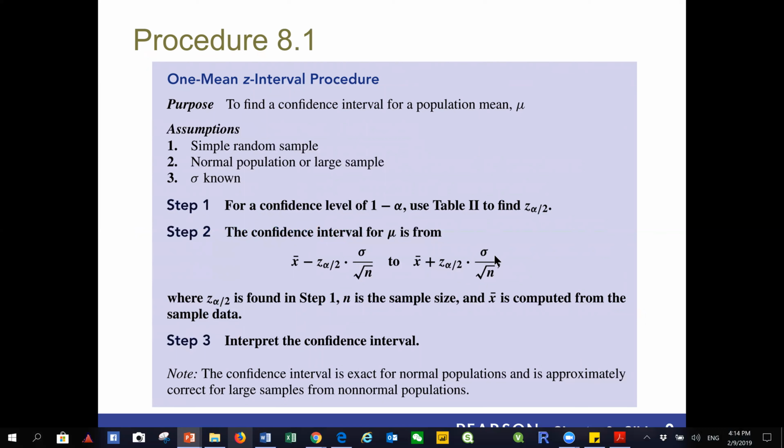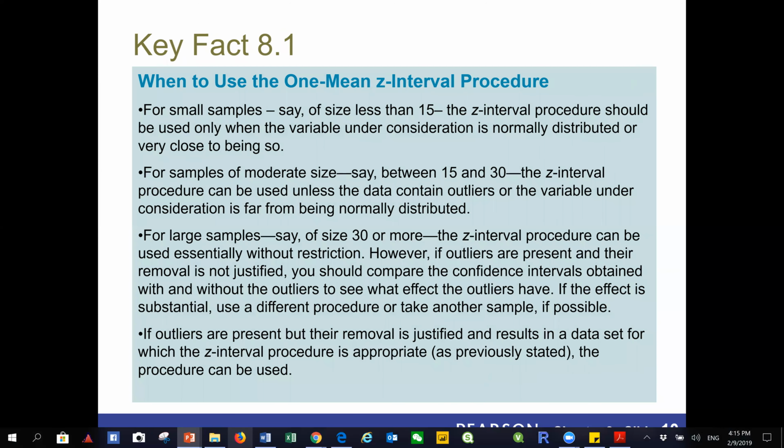To construct a confidence interval for any question, you just plug in X bar, plug in n, plug in sigma, and depending on alpha, you divide alpha by 2, and then calculate Z. You will be able to construct an interval, like here.